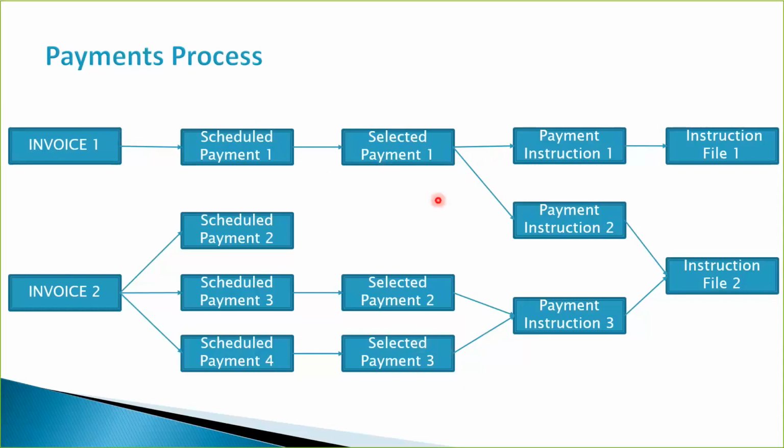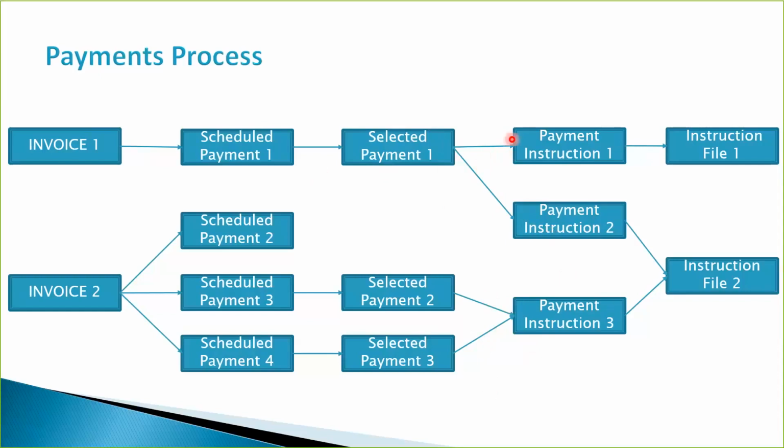What do I mean? When I say that, I mean the way that you can have, for example, a selected payment being split into two, or selected payments being grouped into one payment instruction.